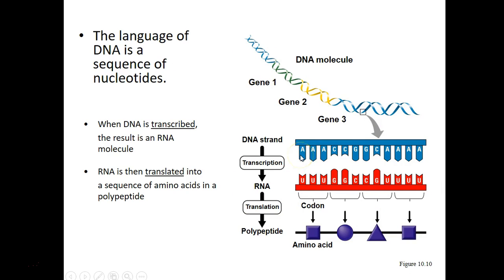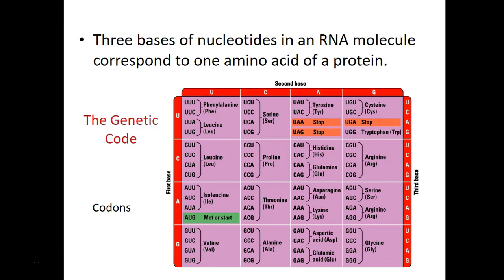It says if you have AAA in your DNA strand, that would code for uracil, uracil, uracil in your RNA strand. And the uracil, uracil, uracil would code for a very particular amino acid. So we need to explore this a little further so that you can understand how to actually do this yourself.